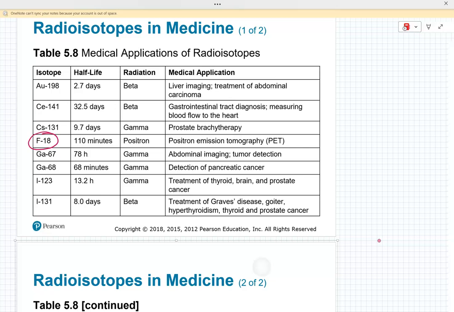I want to highlight this one. Treatment of thyroid cancer. Iodine is an element that is essential for thyroid hormone production. That makes sense. Thyroid gland is located in front of your trachea, yeah, very close to two carotid arteries. This is a very tricky area to operate.